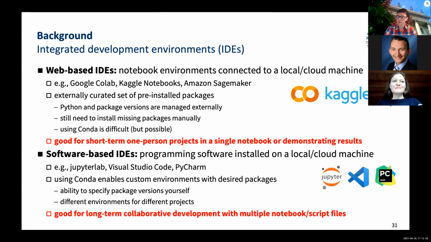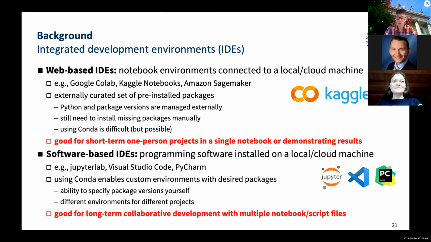But for the actual development process, if it is long-term and if it is collaborative, it usually includes multiple notebook or script files, and for working in that kind of environment, using package and environment managers in a software-based editor is more recommended. And this is what many companies do in practice when they actually work on the solutions that get deployed in their own systems.